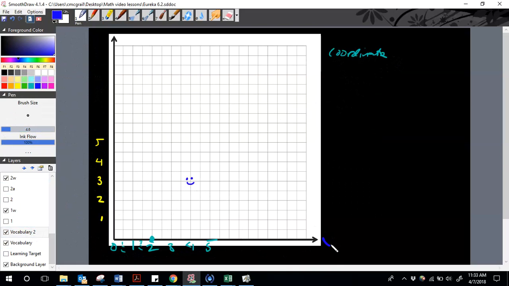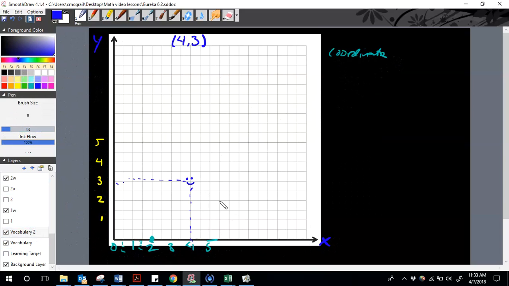So this here is the x coordinate, and this here is the y coordinate. Its x coordinate is 4, but its y coordinate, if I trace it back, is 3. So its coordinate would be 4, 3. And that's because we list our x coordinate first.